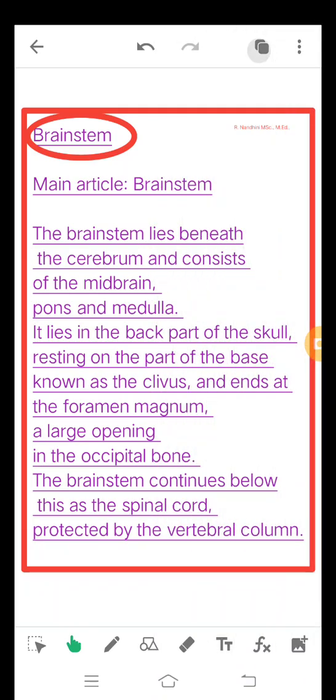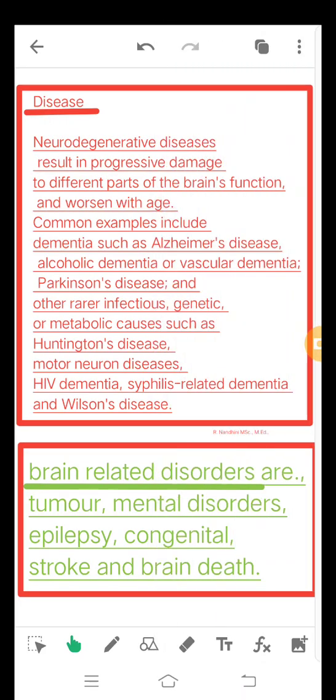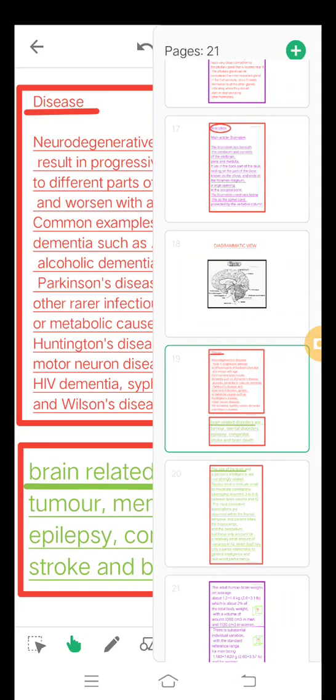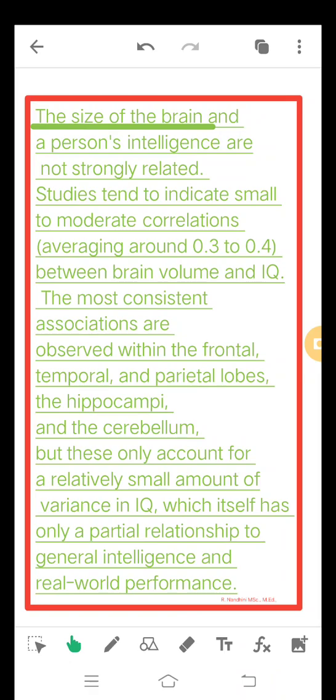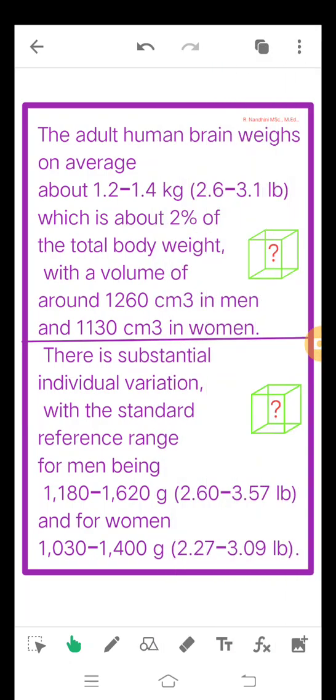This is the brain stem, and this is the diagrammatic view of the human brain, and this is diseases of the human brain, brain-related disorders. Then this is the size of the brain. Finally, we discuss the weight of the human brain.